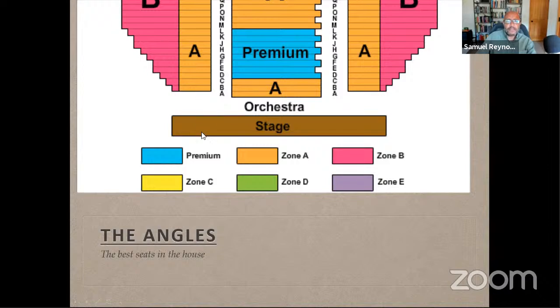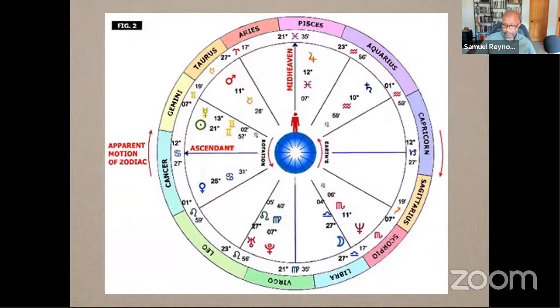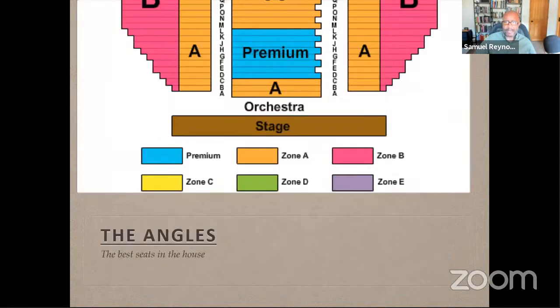This is why you have this illustration here where you have zone A as some of the best or quality seats, but the blue, premium seats, you might say, well, why isn't it A? Because if you go to a Broadway play, especially with a very frothy actor, you don't want to be in those front seats. You're going to get a shower, you're going to get sprayed. Whereas if you go back a little bit, you have the premium. So the angles are like literally being in the premium seats where you can see, especially the ascendant, and be seen.